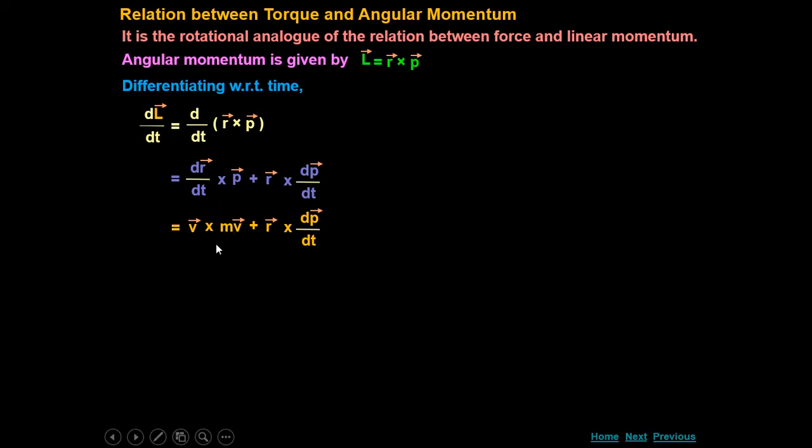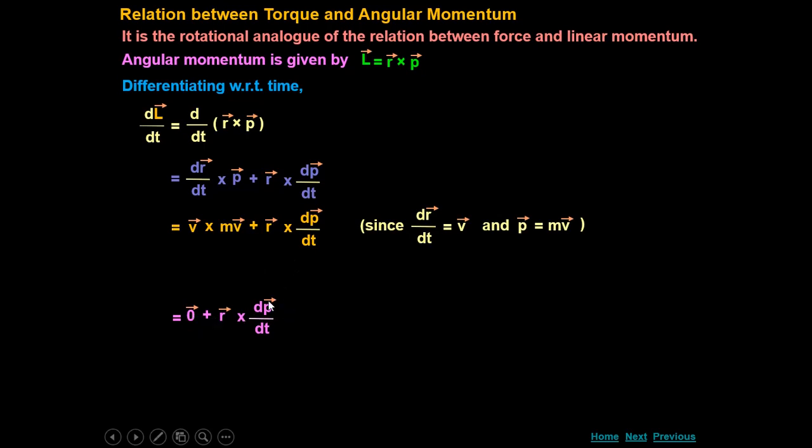We have already studied it: i cross i, j cross j, k cross k is equal to 0. In the same way, v vector cross mv vector must be equal to 0, as linear velocity and linear momentum are both in the same direction. So in this way we put 0 here, plus r cross dp upon dt.